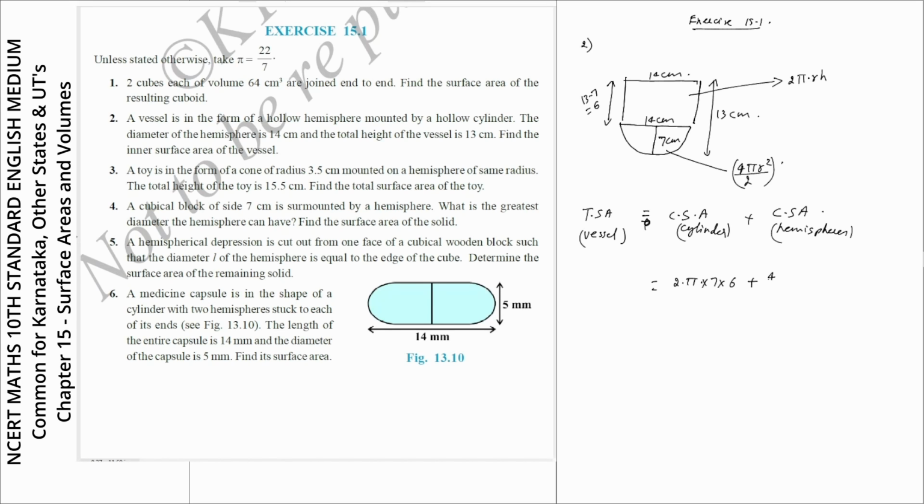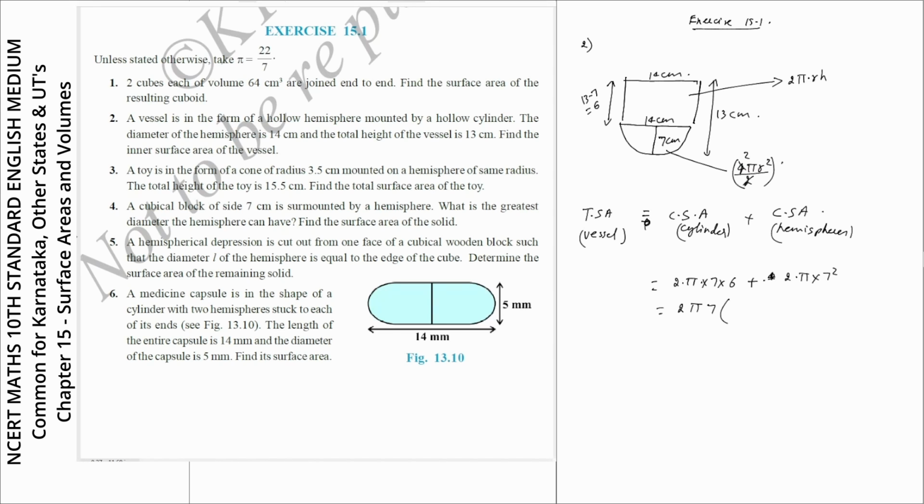So this is 4 by 2. Here I can cancel, 2 ones are 2, 2 twos are 4. So 2 pi r square. So 2 pi into r is 7, so 7 square. So here I can take 2 pi common, and also one 7 I can take.